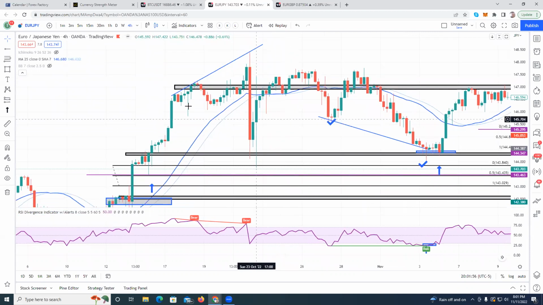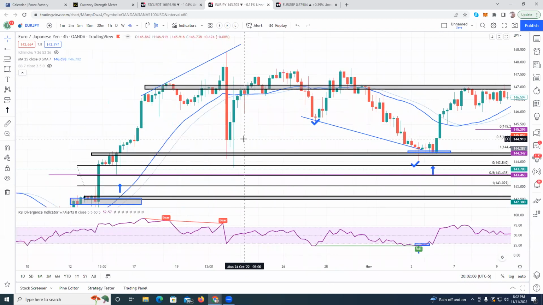For homework, for those of you guys that want to participate, it's going to be a 2-part homework. The first one is to find 5 imbalances of areas of interest that could be a solid good trade, right?